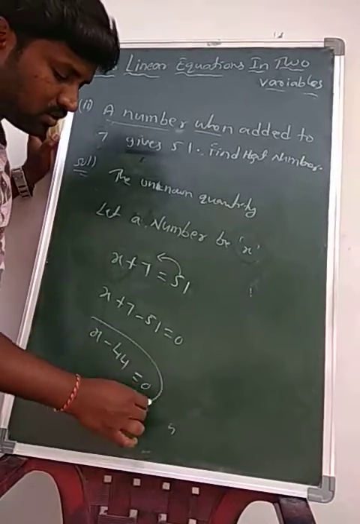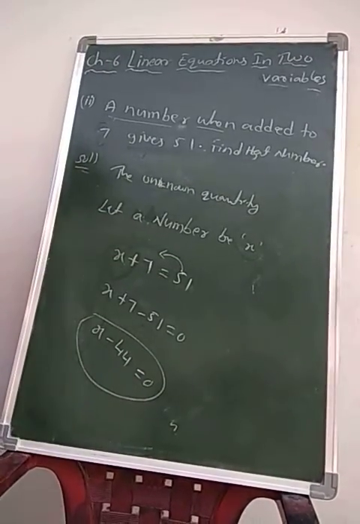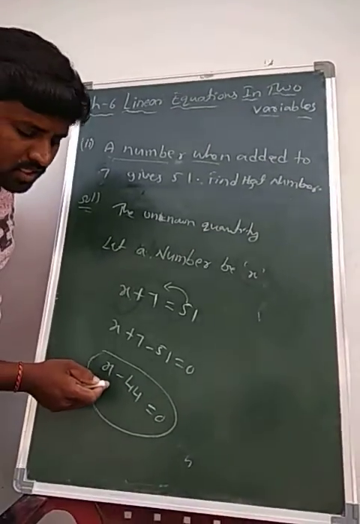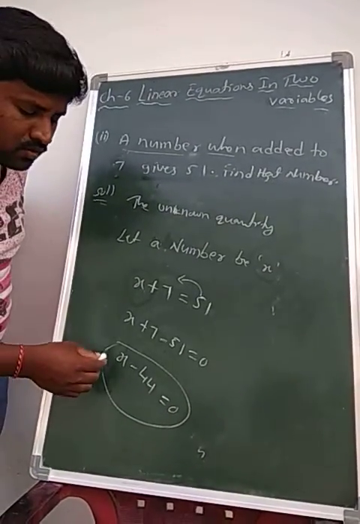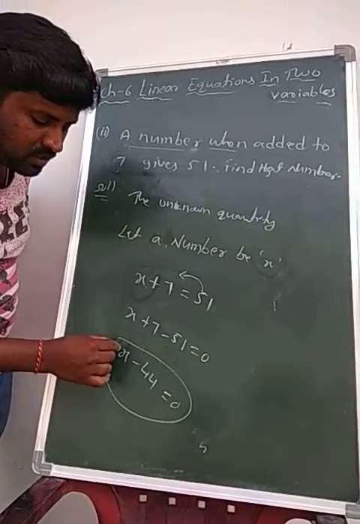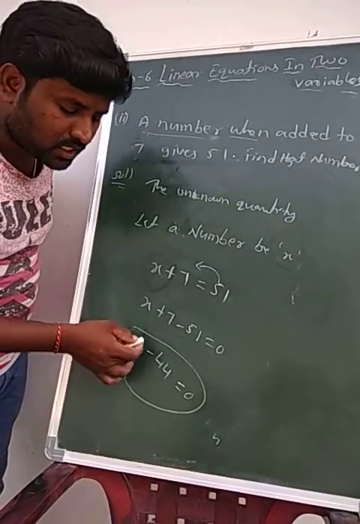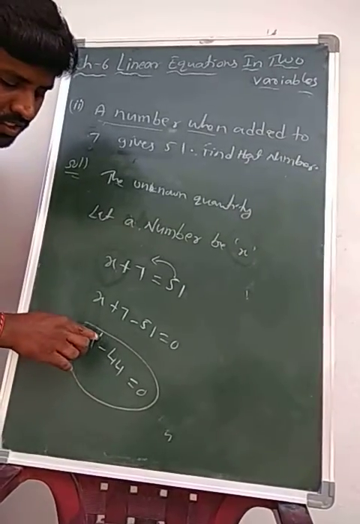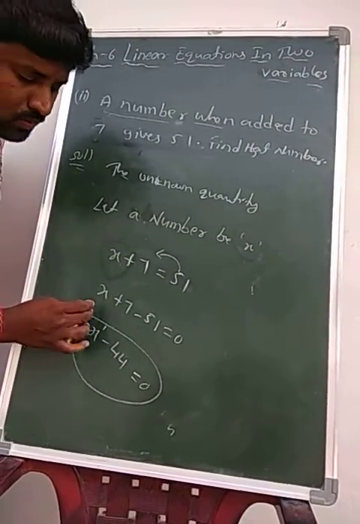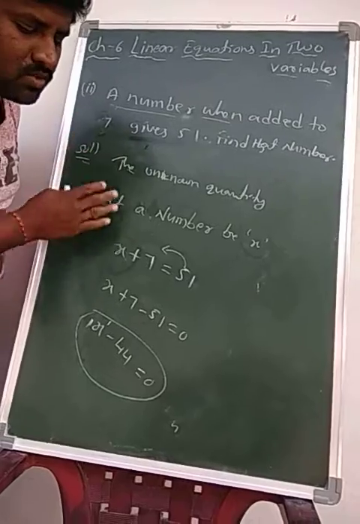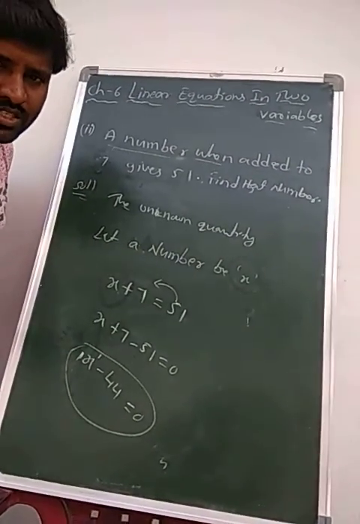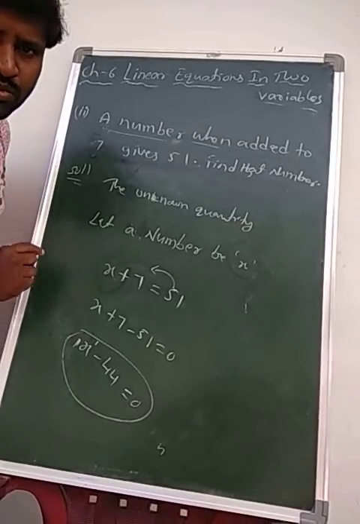This is also a linear equation. The coefficient of x is 1 and the highest degree is 1. So situations 1 and 2 are linear equations with one variable.